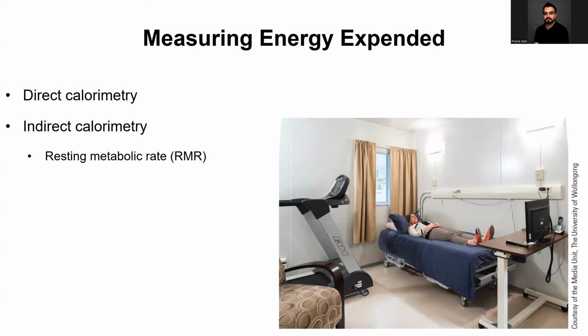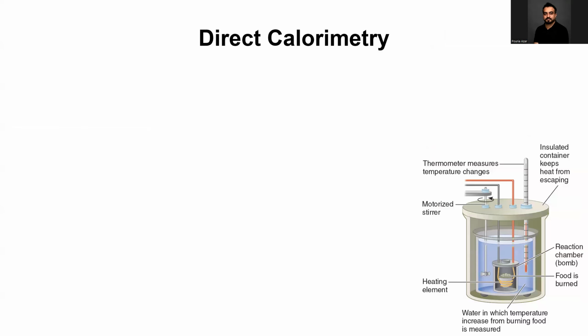So indirect calorimetry is based on oxygen and carbon dioxide, and they are measuring the resting metabolic rate. Here in the direct calorimetry, as I said, this is a bomb calorimetry, which burns food inside this chamber. We cannot put a human here and burn them. So for that reason, we have a different system for humans.